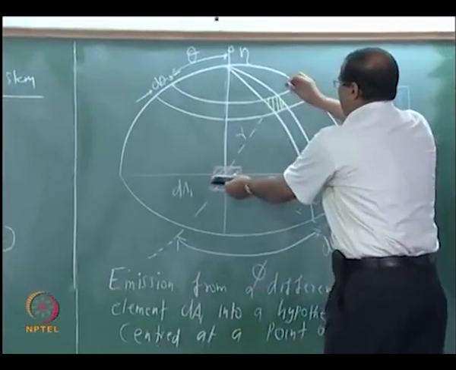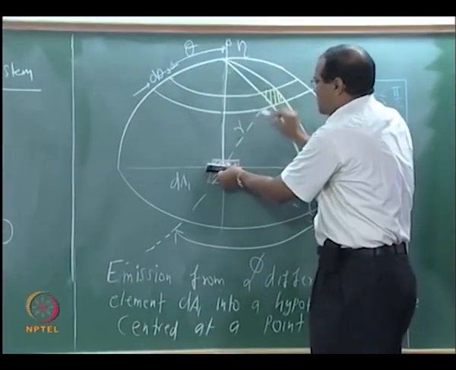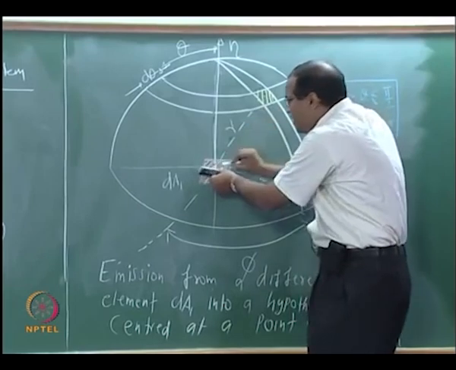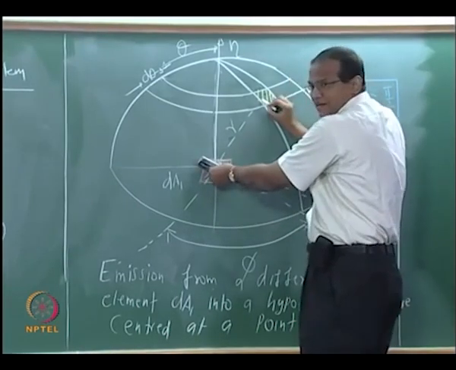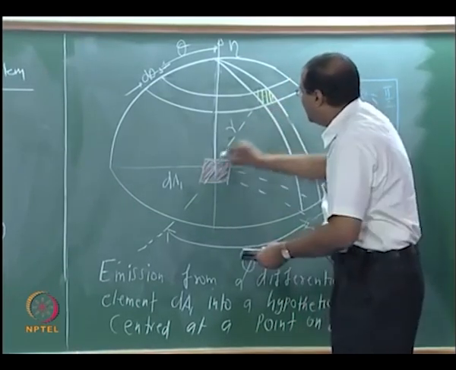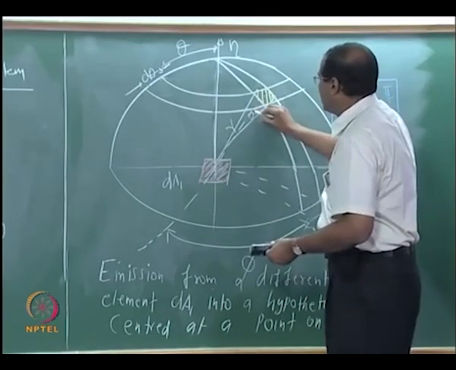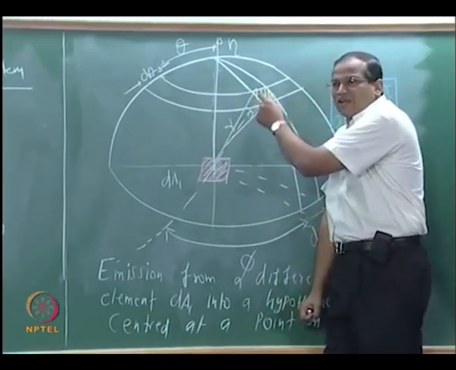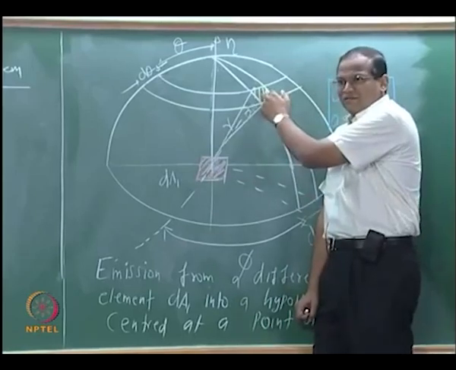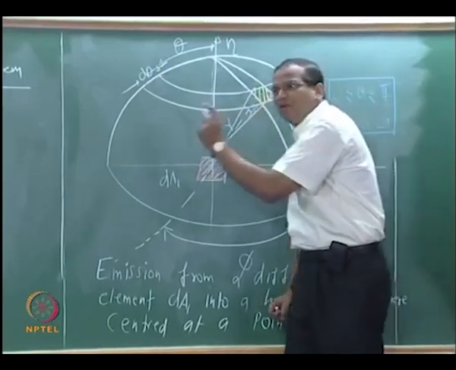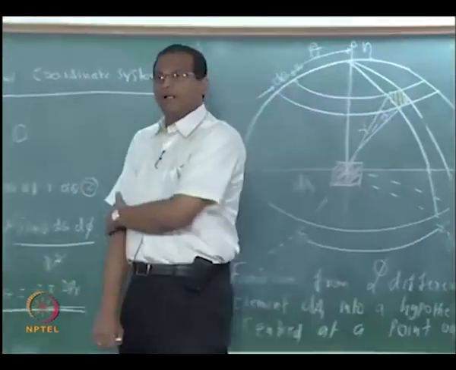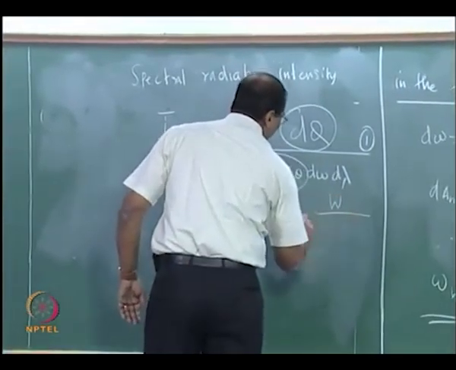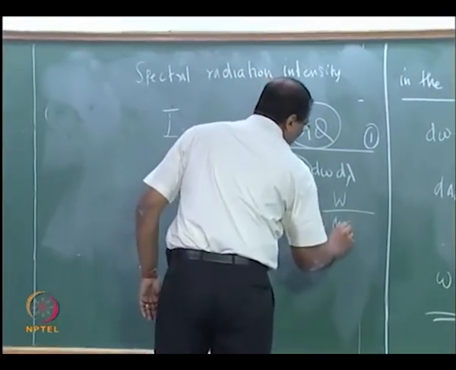So, it is the rate at which radiant energy is emitted by this area per unit area normal to this in the theta phi direction about an elemental solid angle in the theta phi direction, per unit wavelength interval d lambda about lambda, okay. So, the units will be watts per meter square per micrometer per steradian.